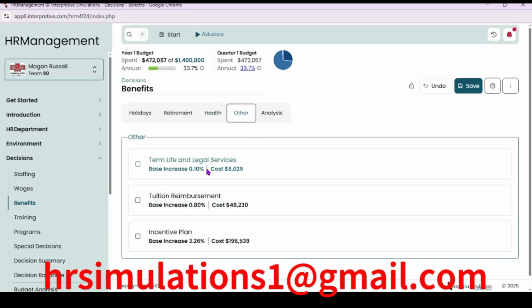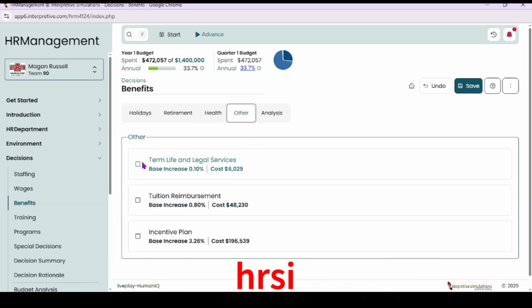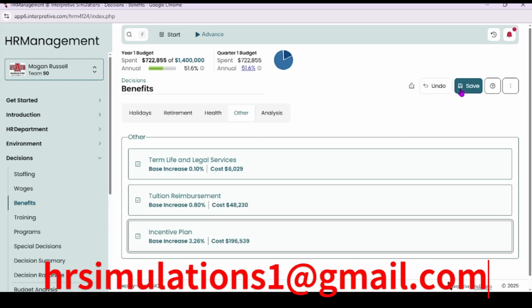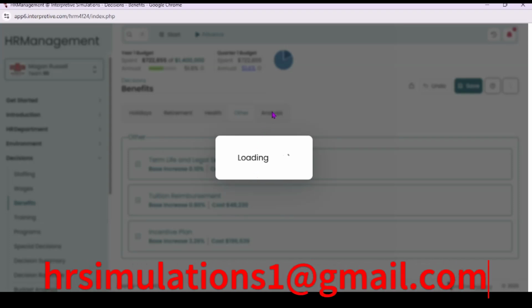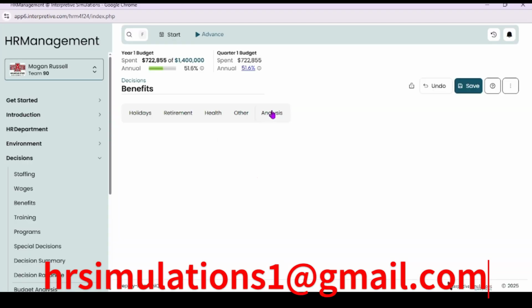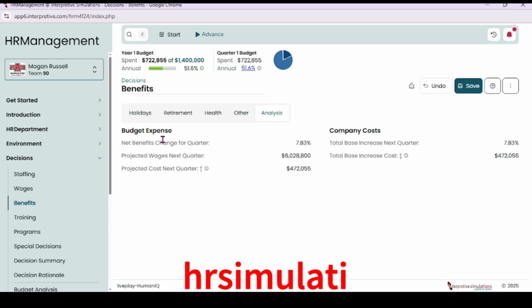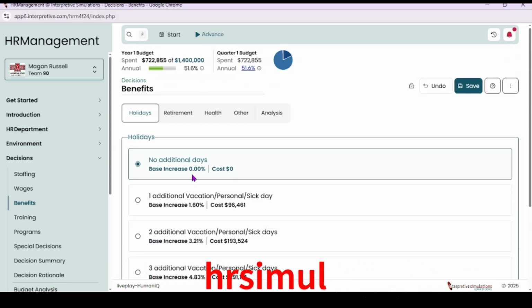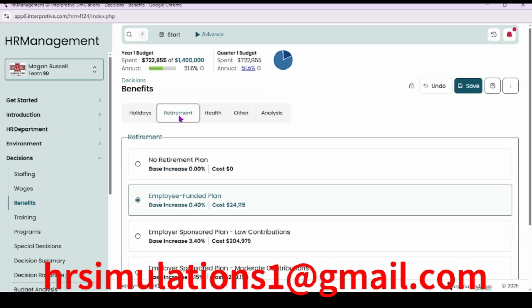So under the other, I'm going to give them the term life, the tuition, and the incentive plan. So I can just say my decision. So when you go to the analysis, because actually those are the important ones, that means that we haven't issued any holidays. Remember, holidays, we're talking about the vacations and maybe the personal sick days.